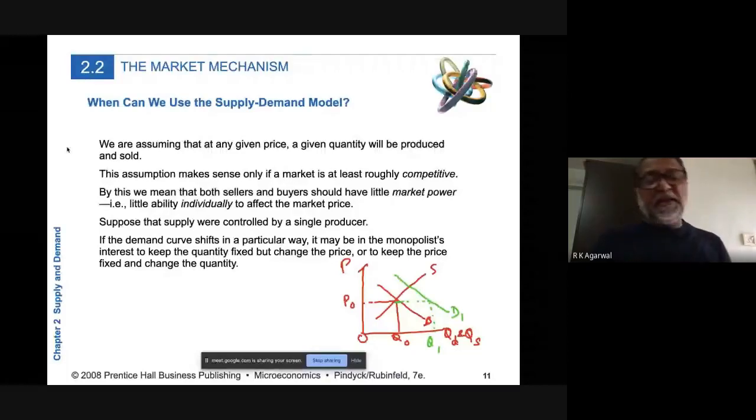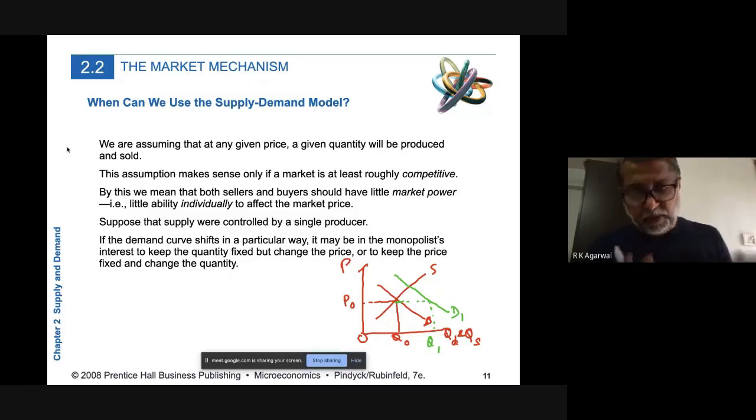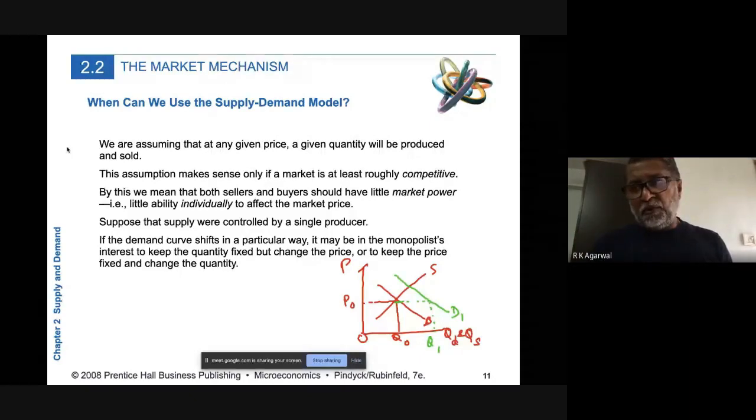So basically what we are trying to suggest here, whatever we have discussed in the last slide regarding equilibrium of demand and supply will apply only if the market is roughly competitive. Even if it is not fully competitive, it should be roughly competitive, which means that no individual buyer or no individual seller should be in a position to influence the quantity supplied and the prices charged in the market.